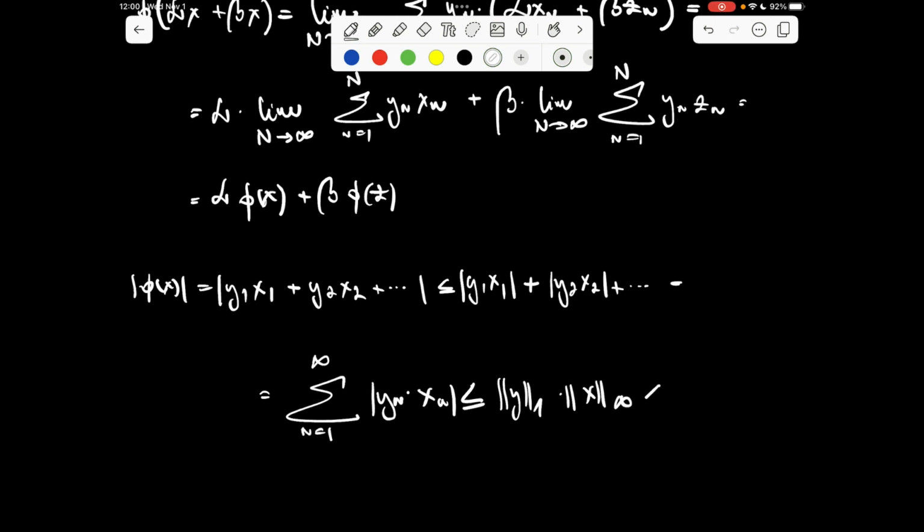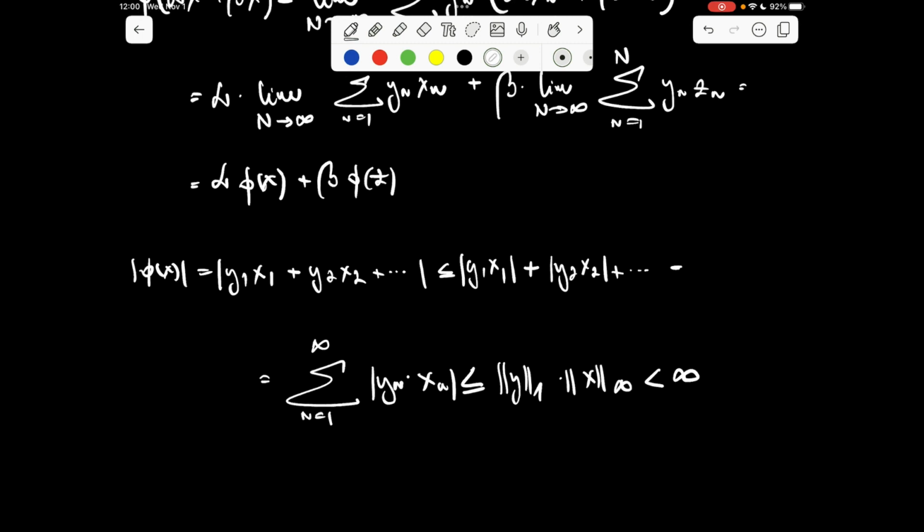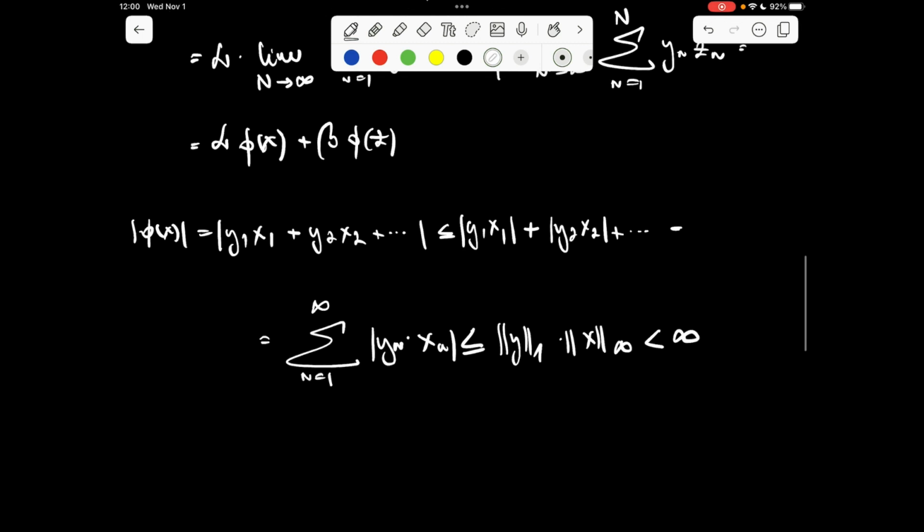And it is finite, because the norms of both sequences are finite.